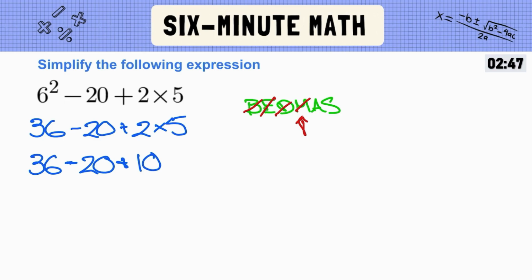Lastly, we have addition and subtraction. Because they are on the same level as our order of operations, we will read them left to right. 36 minus 20 is 16, plus 10 is 26.